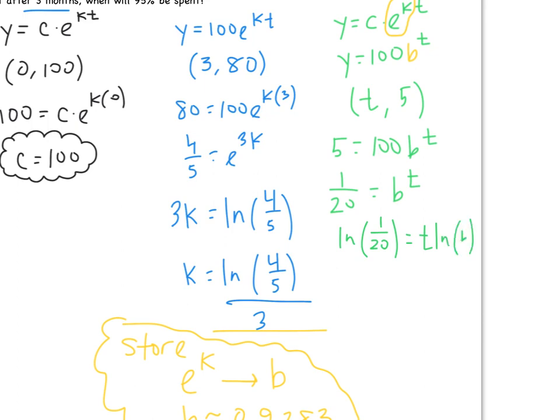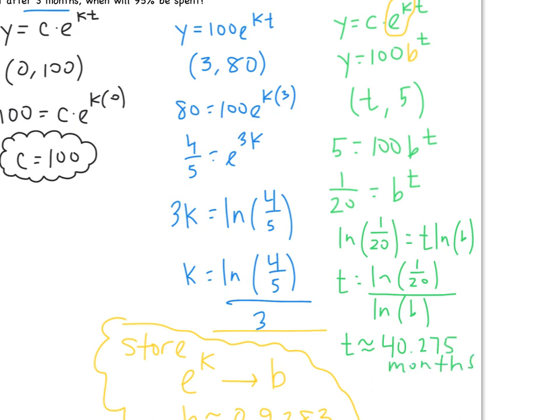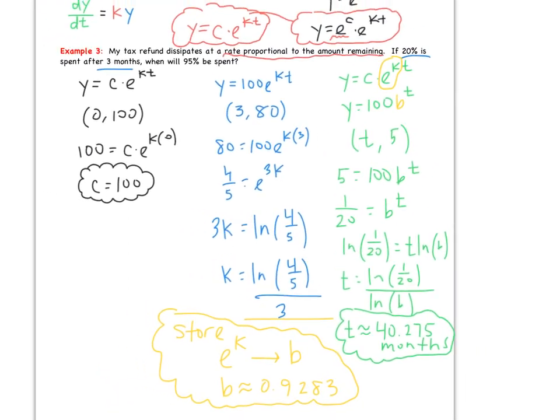All right, so t is equal to ln of 1 over 20 over ln of our b value that we stored. So we should find t to be approximately 40.275 months if you plug that in. Okay, so it takes just over 3.5 years to spend 95% of that refund.